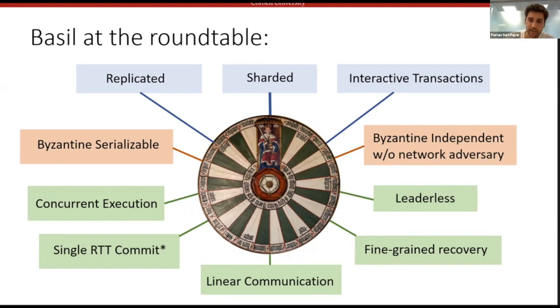And lastly, but no less importantly, it allows transaction recovery to be fine-grained in the sense that transactions that don't conflict can complete independently, which is different from traditional leader-based systems that actually have to stop all transaction processing when failures occur.